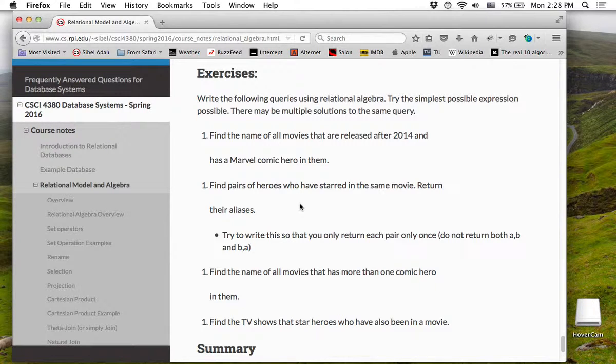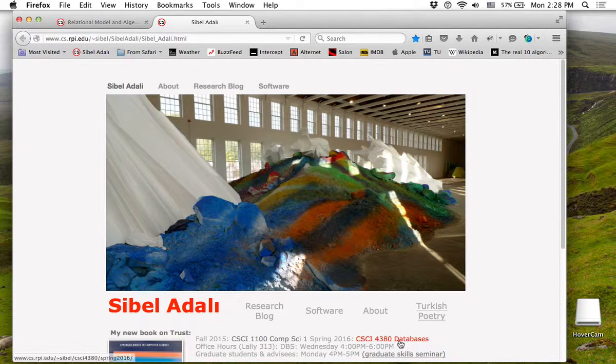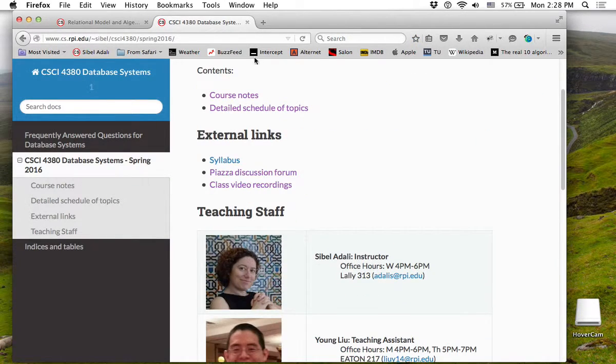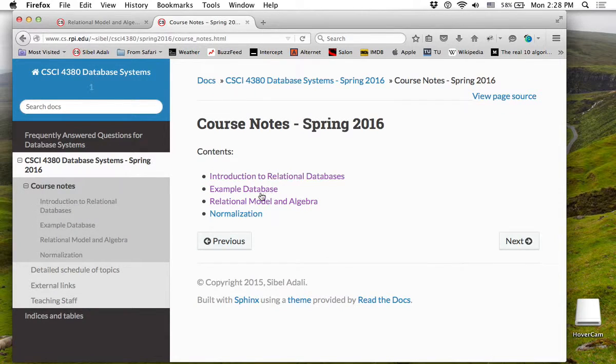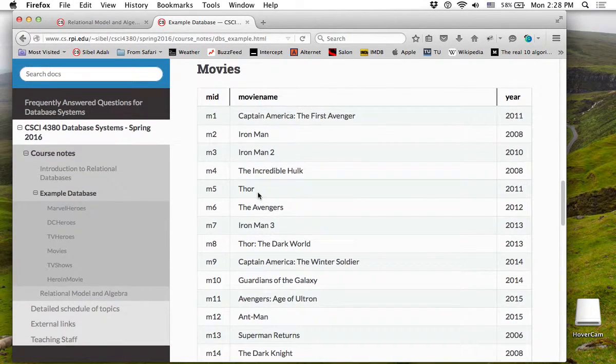So the first one asks the name of all movies that are released after 2014 and have a Marvel comic hero in them. Okay. Always think about, when you're writing queries, what attributes you need for your query, and which relations have those attributes.